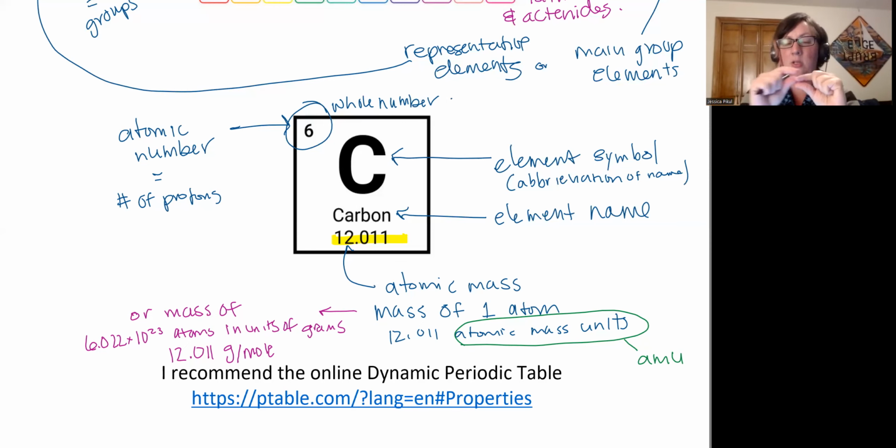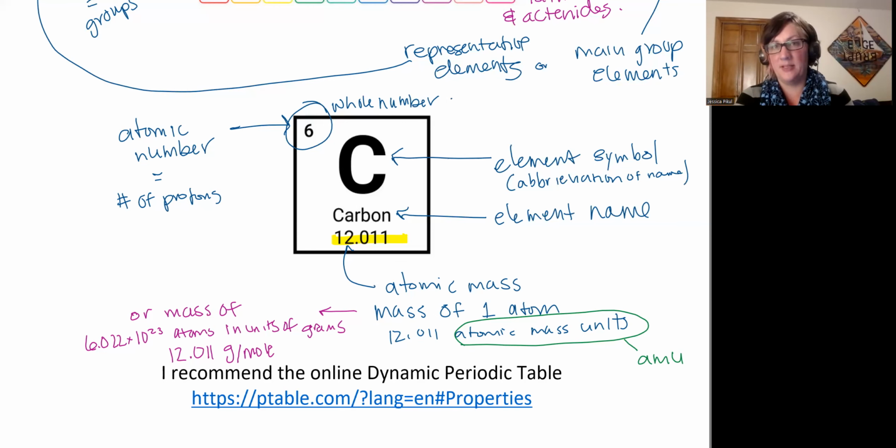And then we could convert this into grams, but it's easiest to do it for a pile of it. And so we have this baker's dozen in chemistry called a mole, and it represents 6.022 times 10 to the 23rd things. And so if we had that many atoms of carbon, it would weigh 12.011 grams.